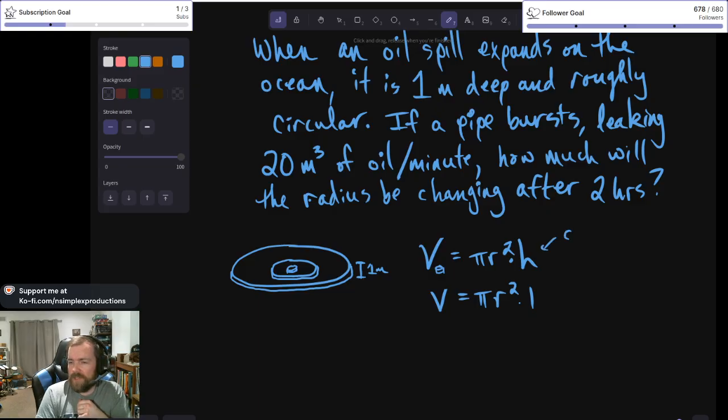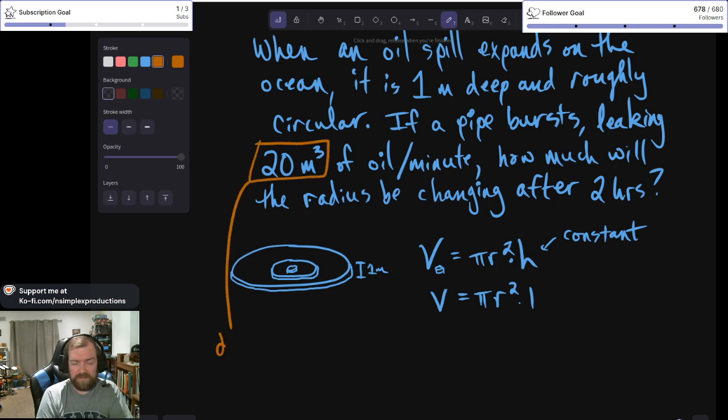Okay, so h is going to be a constant. Our volume is going to be related to the radius, and then we know that the derivative of the volume, dV/dt, is going to be equal to a positive 20 cubic meters per minute.